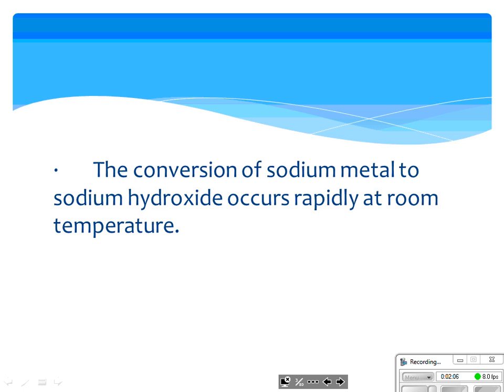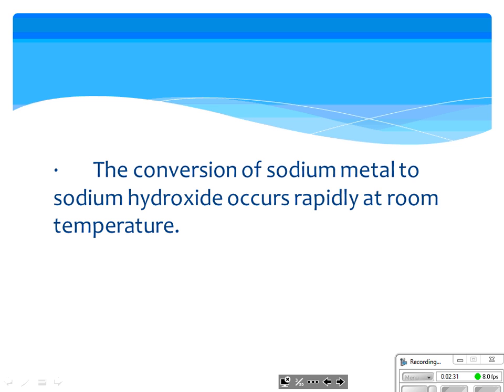Well, let's talk a little bit about this one, sodium. Sodium metal is converted to sodium hydroxide rapidly at room temperature. We watched a video earlier in the year, folks, about the alkali metals. And in that video, we saw the scientists take a knife and cut a chunk of sodium.